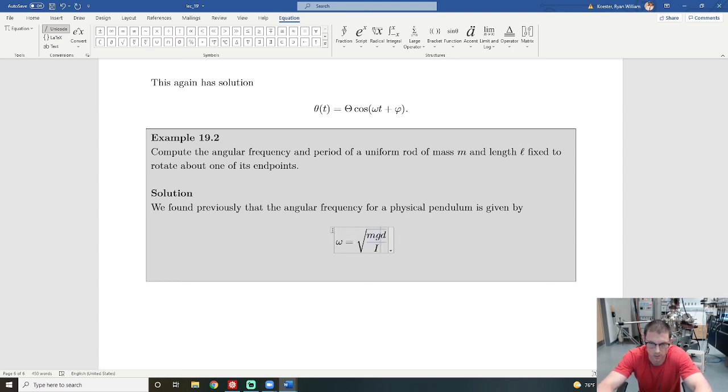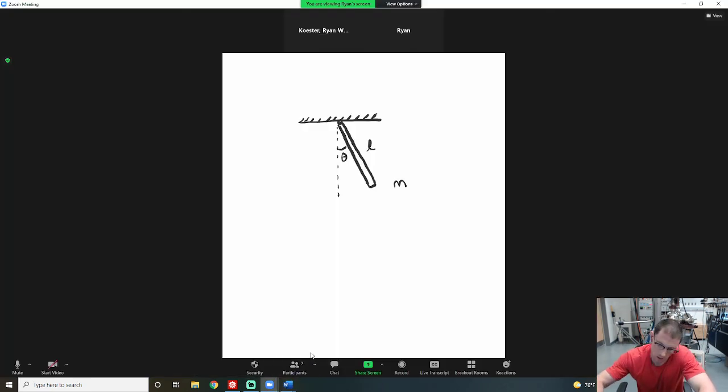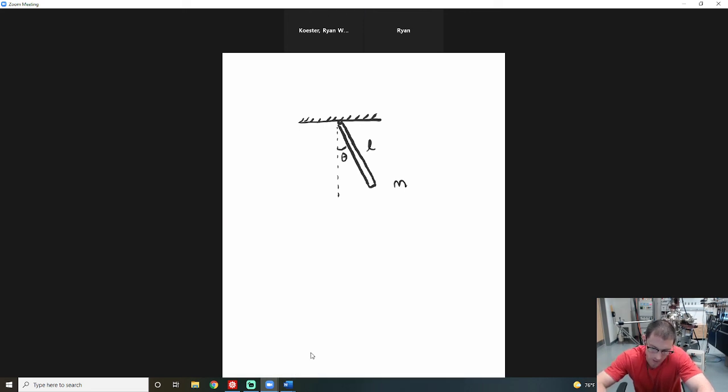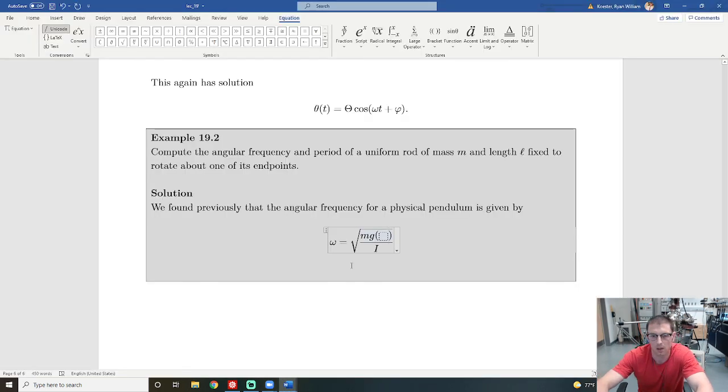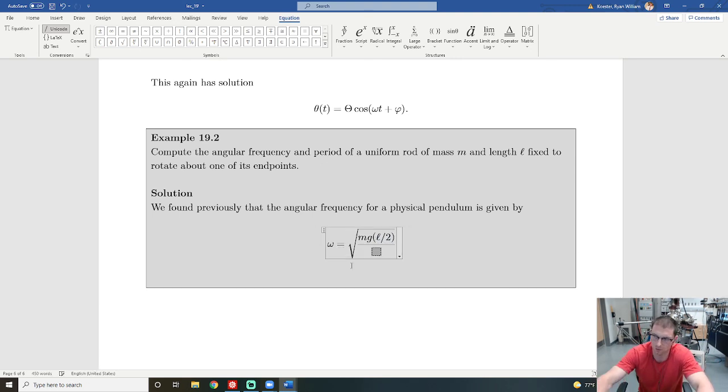Well, D, let's look back at the picture here. So the rod is length L, and because it's uniform, its center of mass will be at its geometric center, right? So like there where I drew the little X halfway down the length of the rod. And so we could say, well, D is just L over 2, right? That's it. So we plug that in here, and then we just have to write out the moment of inertia for a rod that is rotating about its endpoint.